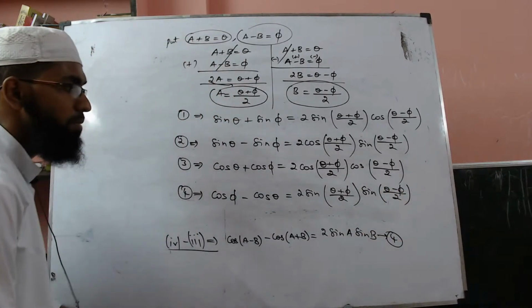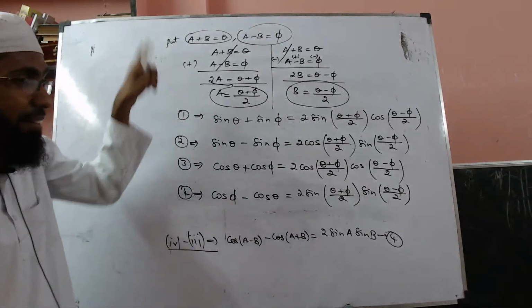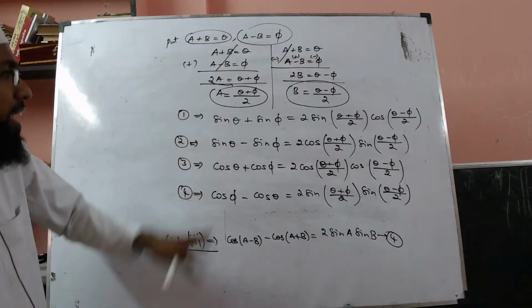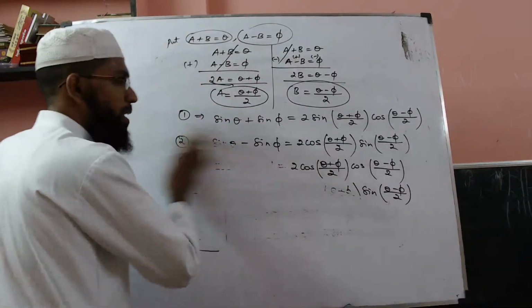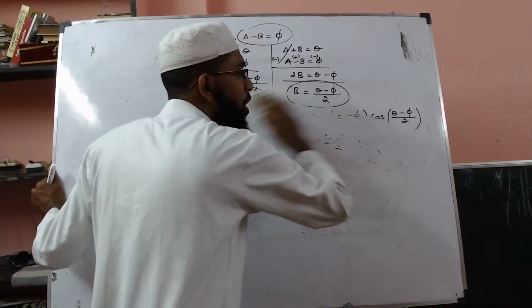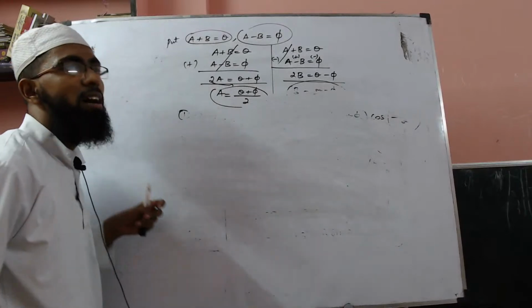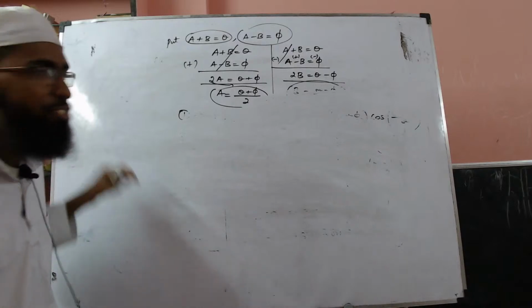Right. Now we have studied 12 formulas. With the help of the first 4 formulas, I have derived 8 formulas. This 4 and the previous 4. We still have many more formulas to derive, but all these derivations are just to check. If in case you have any confusions, you can just check it out.